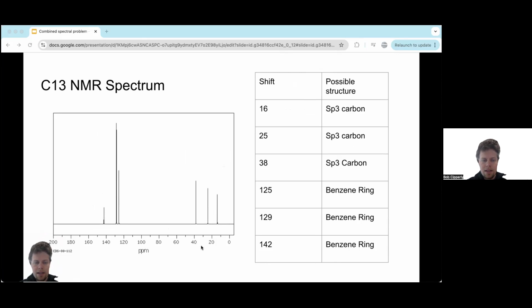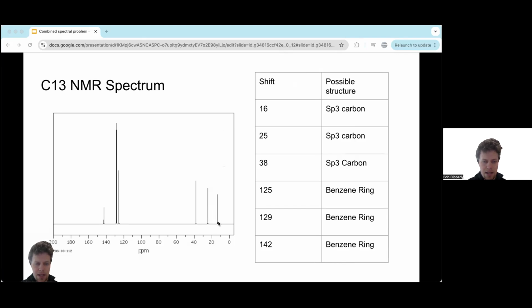With the C13 NMR spectrum, we have a few different shifts that cued me into thinking that we have a benzene ring with possibly a chain attached to it.